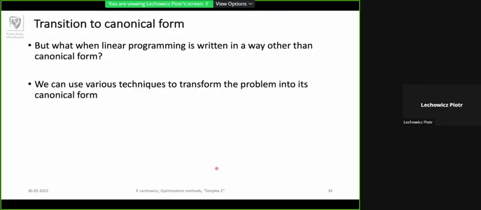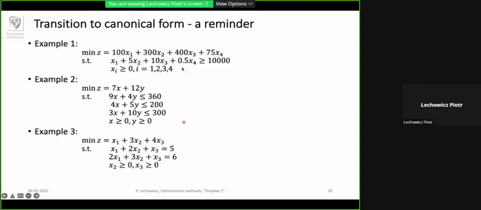So just to recall, if the linear programming problem is written in a form other than the canonical form, we have to use various techniques to transform the problem into the canonical form. So just to recall these techniques, assume that we have such 3 types of problems, and we will go one by one and reduce them to the canonical form.